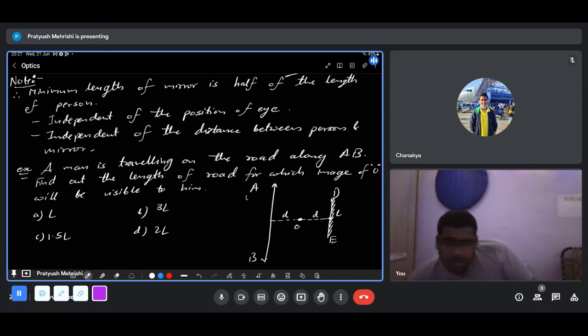The man who is traveling here in the car wants to see the image of this point O in the mirror DE.